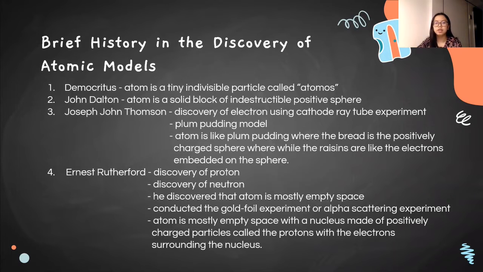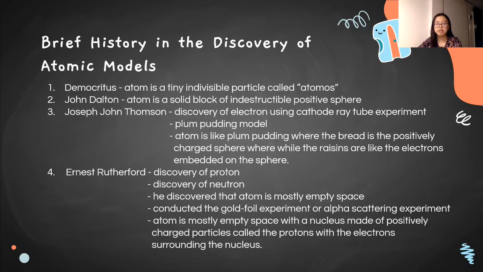Third is Joseph John Thomson: discovery of electron using cathode ray tube experiment. Plum pudding model. Atom is like plum pudding, where the bread is the positively charged sphere, while the raisins are like the electrons embedded on the sphere.